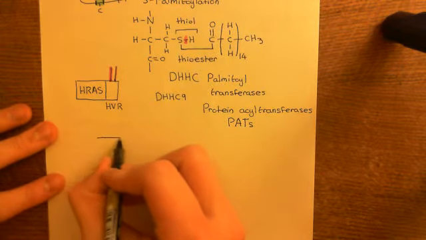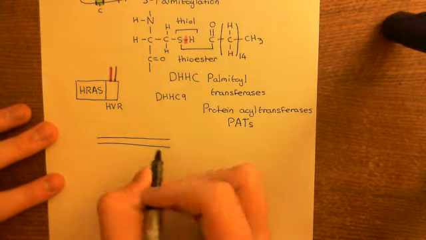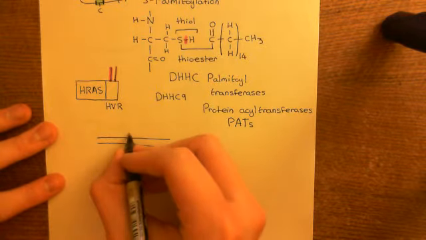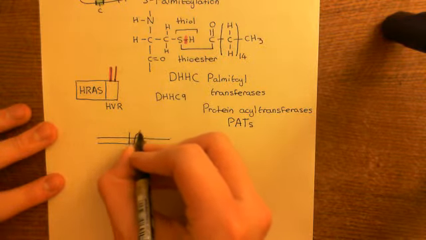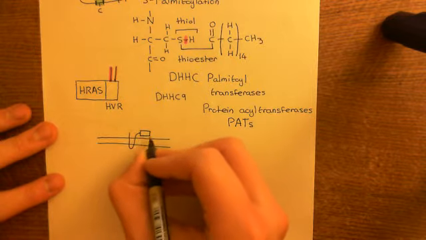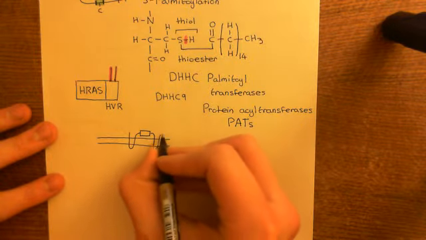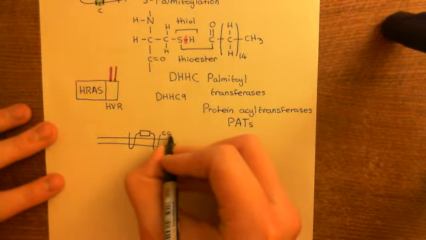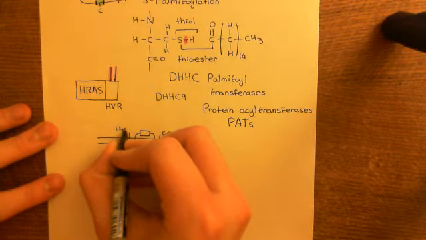Let me show it here. I'm going to show its membrane spanning topology. Basically it has 4 membrane spanning alpha helices, and then it has an important region here known as the cysteine rich domain, and it has another 2 membrane spanning alpha helices. Let's have the carboxylic acid terminus here and the amino terminus here.